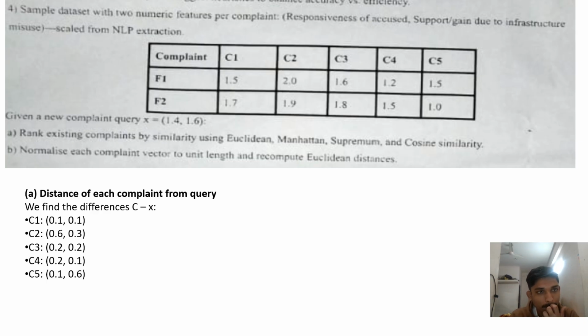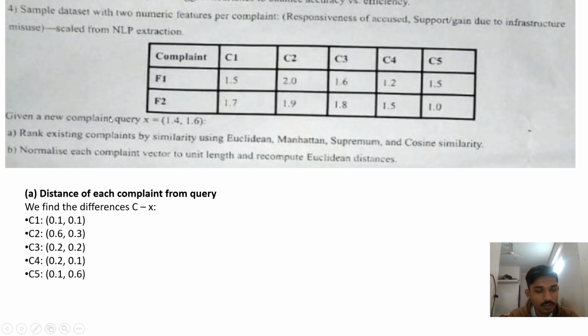So the fourth one is saying we have a sample dataset representing two numerical features per complaint. We have the complaints C1, C2, C3, C4, C5, and features F1, F2.